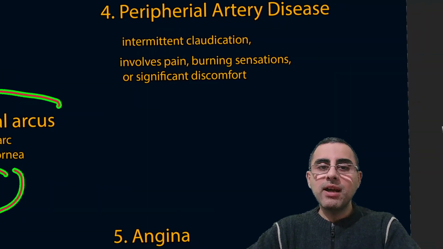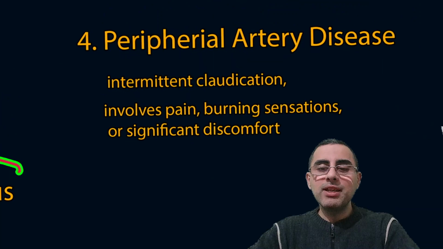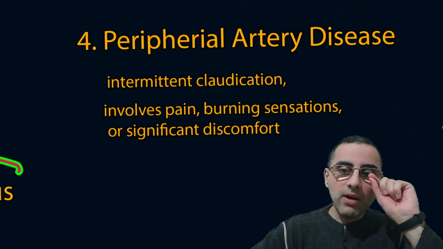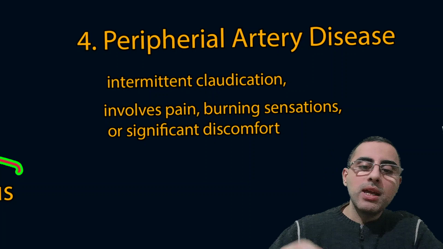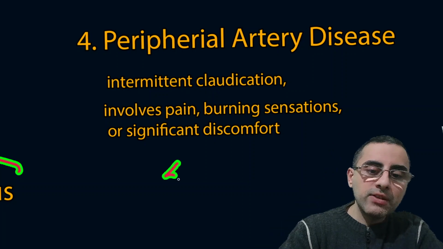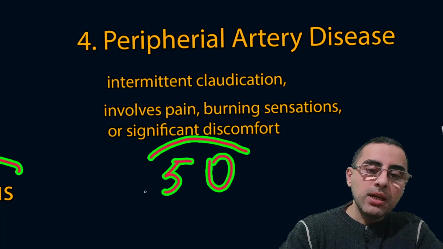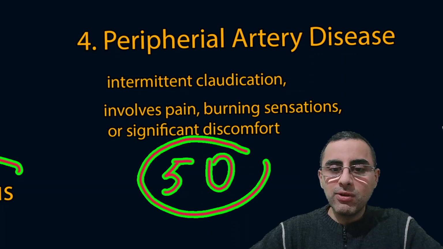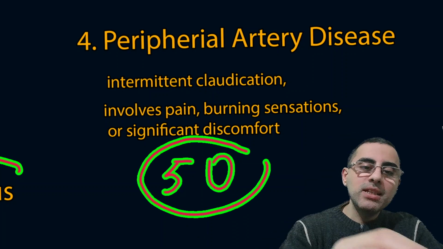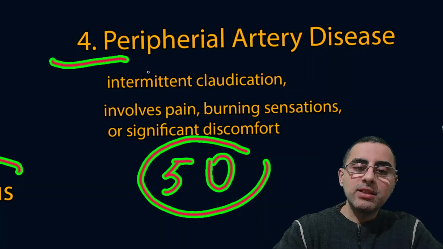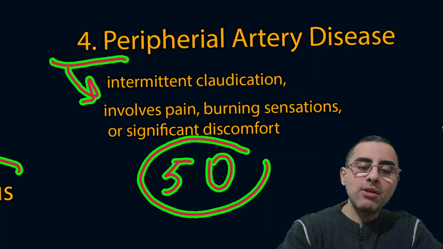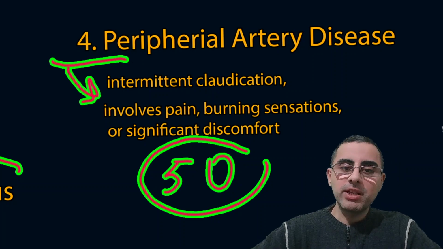And peripheral artery disease is a very important sign of high cholesterol level. It usually occurs after 50, but it's possible before 50 also. The main symptom of peripheral artery disease is intermittent claudication. What does intermittent claudication mean?